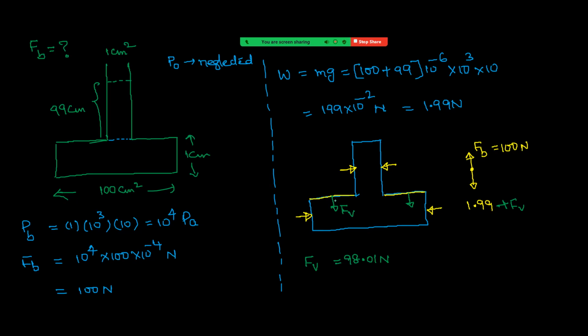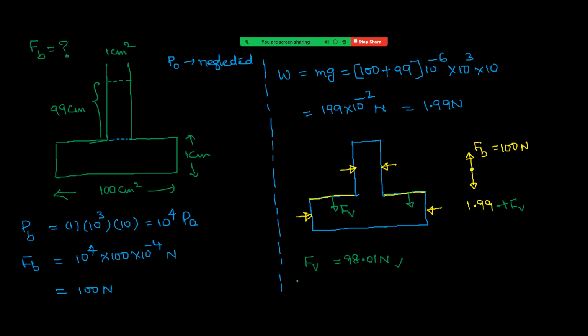Means if they ask to find the force by the vessel on the liquid along vertical, meaning by this part, that is 98.01. By the vessel at the bottom, 100. Like this, they can ask separately: by the bottom, how much; by this part of the vessel, how much? It is 98.01. So if you observe the previous problem and this problem, both are almost the same questions.